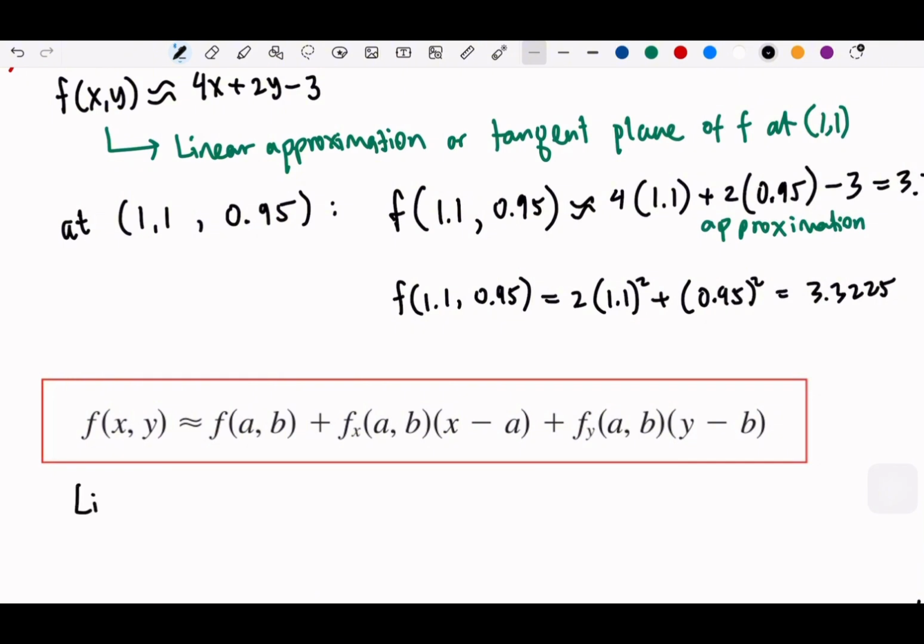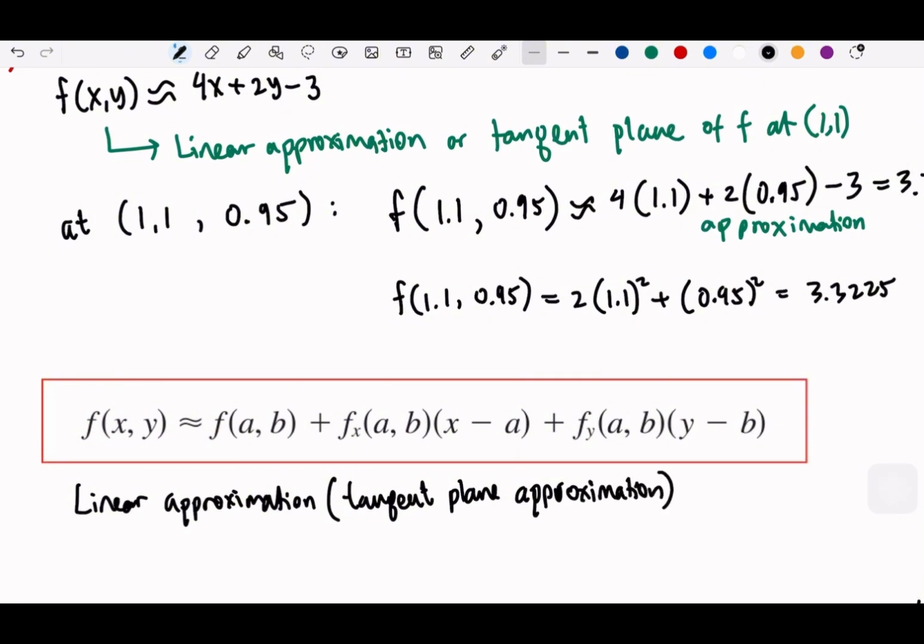This is called linear approximation, or tangent plane approximation, of f at (a, b).